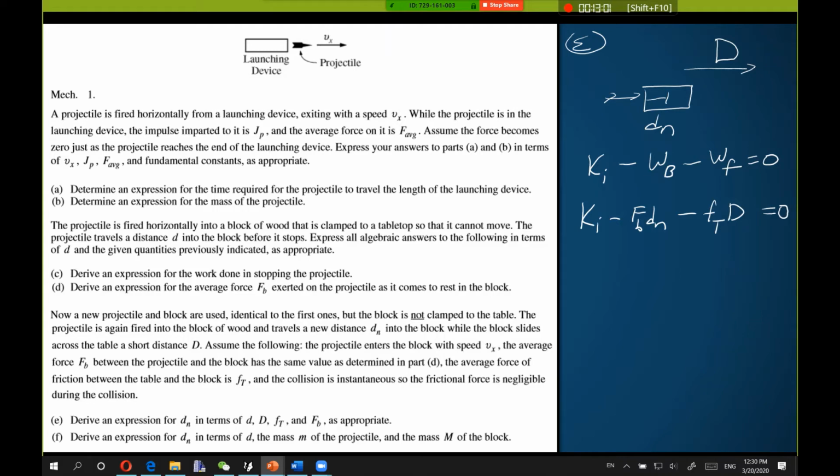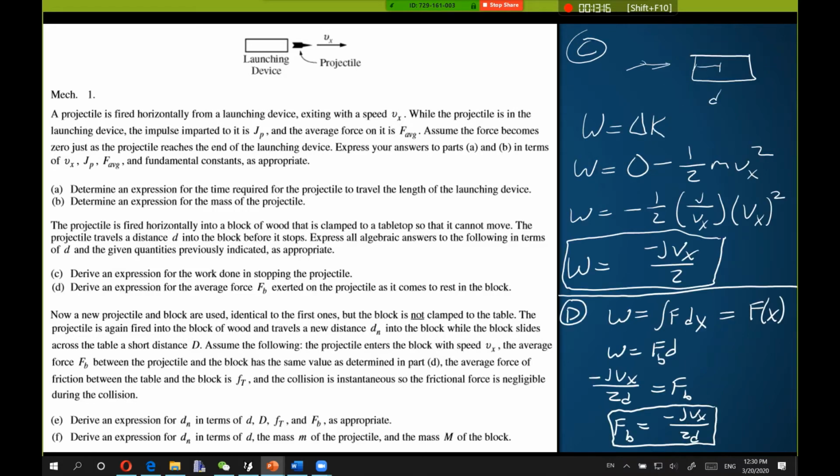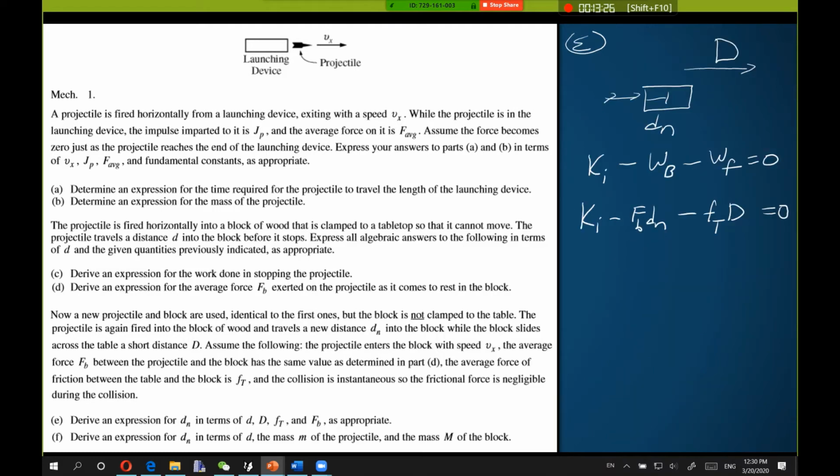Okay, now we can substitute. So my kinetic energy, we said earlier, would be the distance that I would have traveled into the block if it wasn't moving, times the force of the block acting on the object.